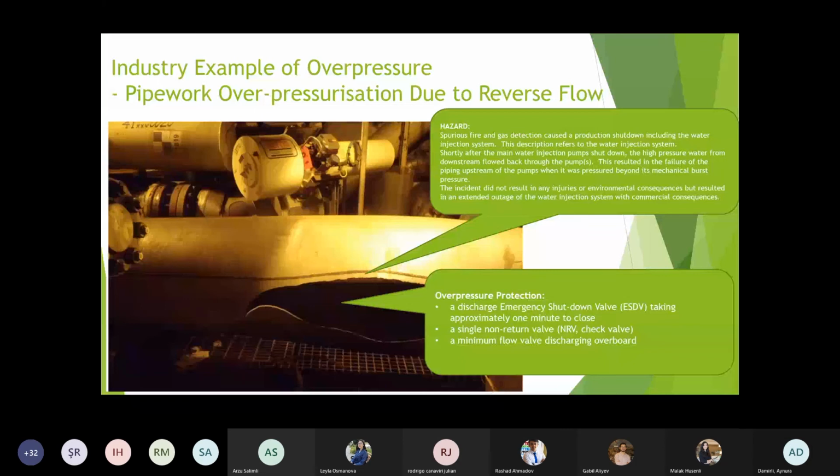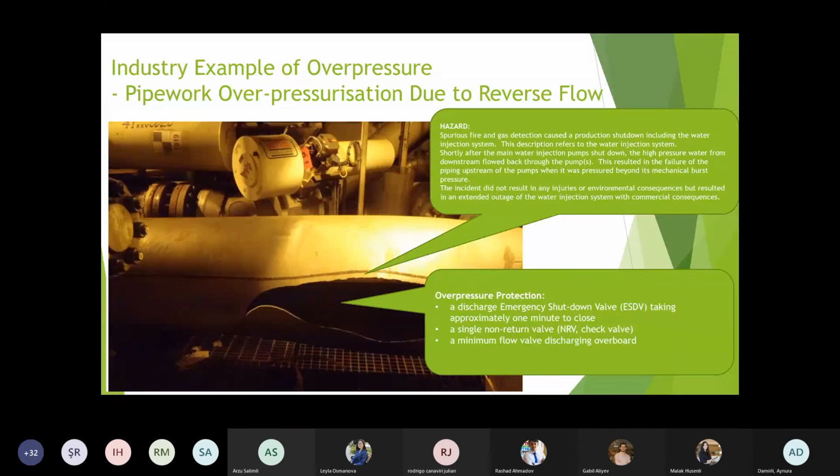When we are designing, even at the beginning, we estimate what the overpressure risk could be on site facilities, and we use such lessons learned case studies for future projects. It's very helpful.